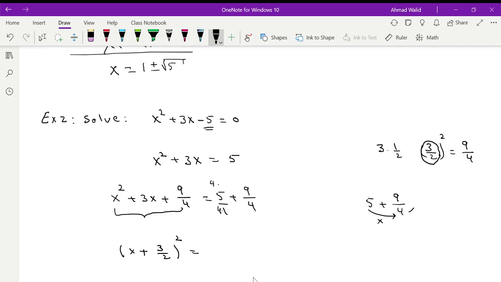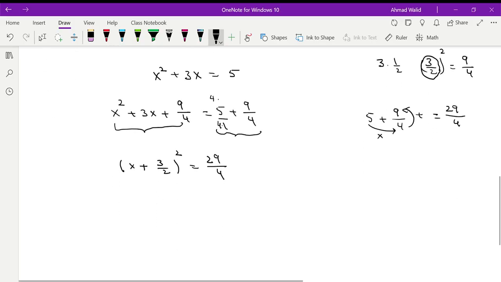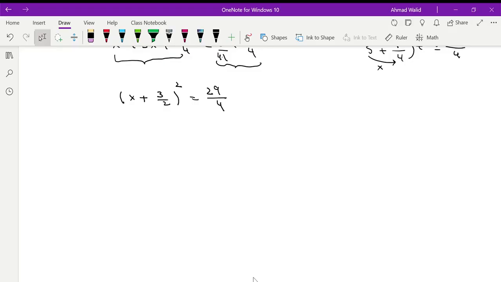Whatever the result is, add with the top. It becomes your numerator. 5 times 4 is 20. 20 plus 9 gives you 29. Over what? Over 4. Or if you go this method, it's the same, correct? You will end up with 29 over 4.